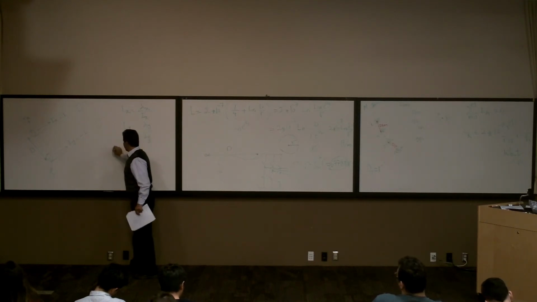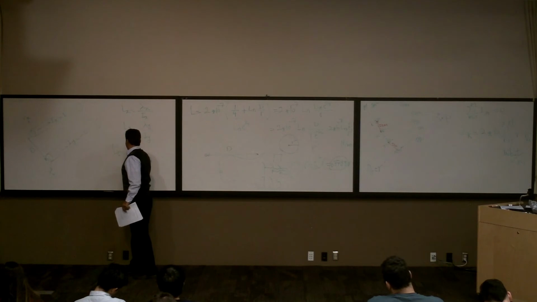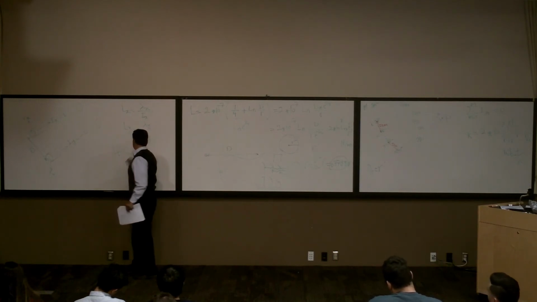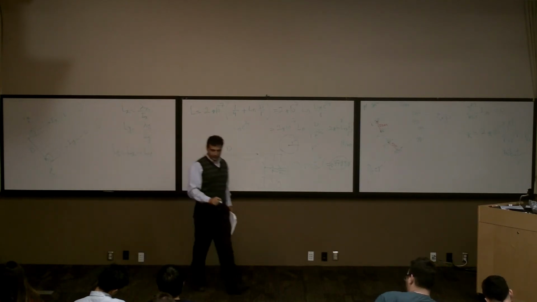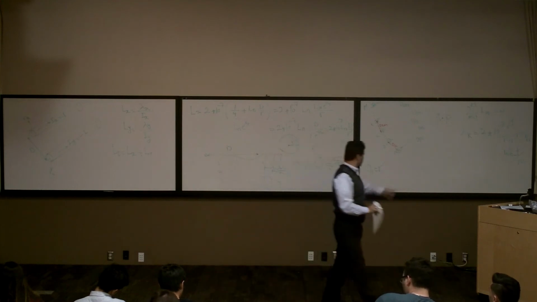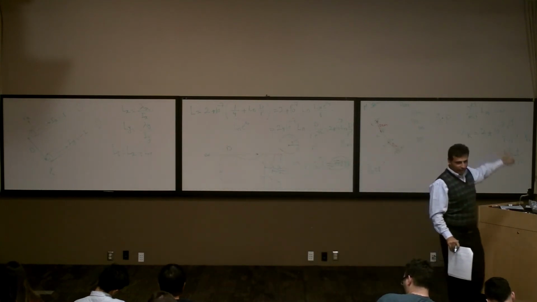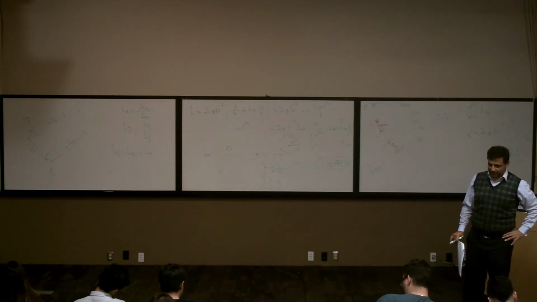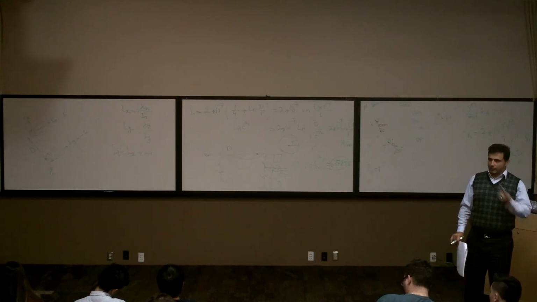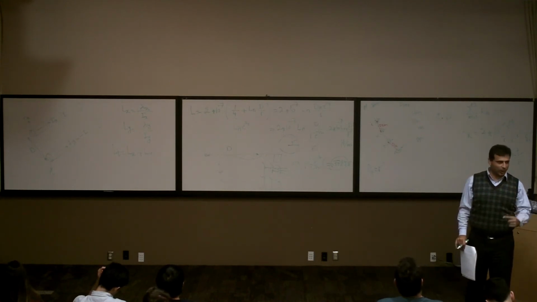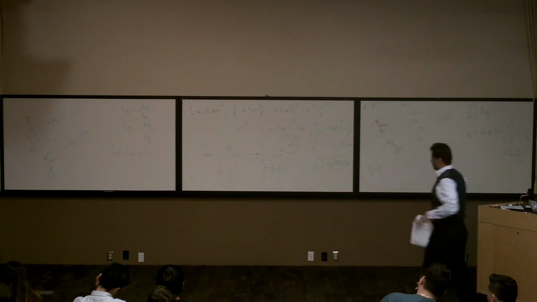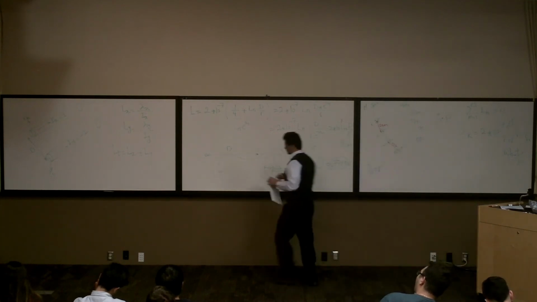L total is Lx plus Ly. So using this equation I have here, I calculate lambda x and lambda y, then calculate Lx and Ly separately, and put them together to see how much is the total inductance.